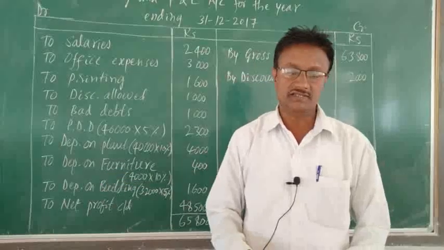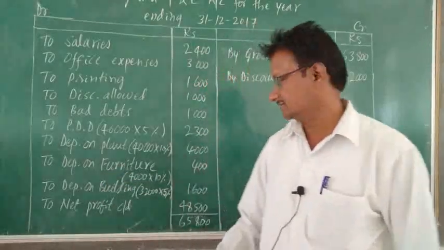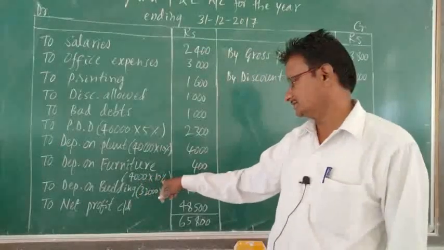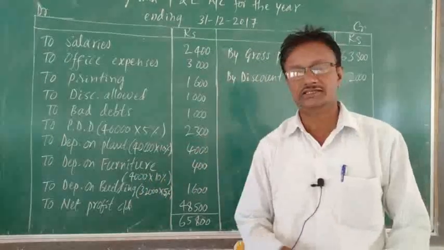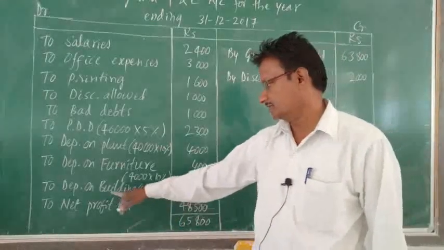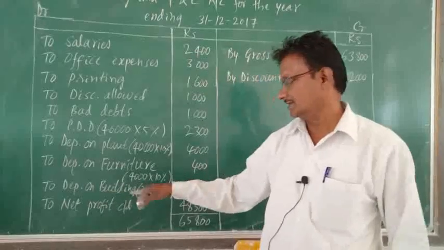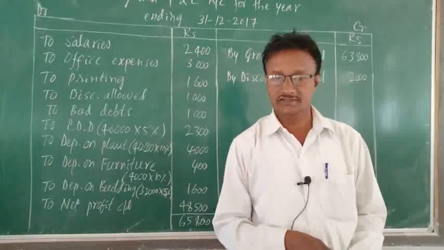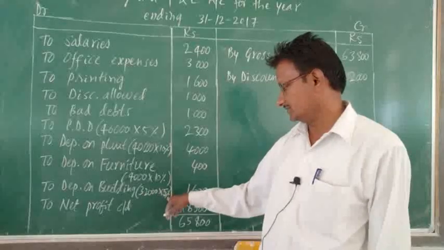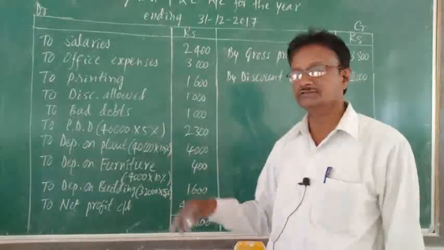Furniture value is available in the opening statement of affairs. It is 4,000 into 10%, we get 400. Next, to depreciation on building. Building value is available in the opening statement of affairs, 32,000 and into 5% depreciation, that is 1,600.